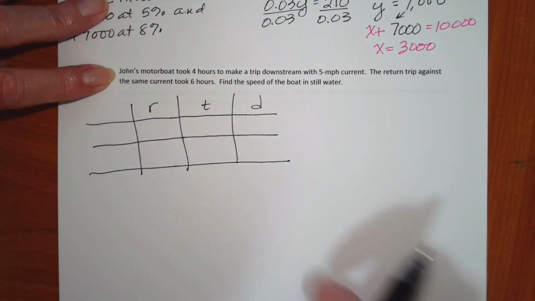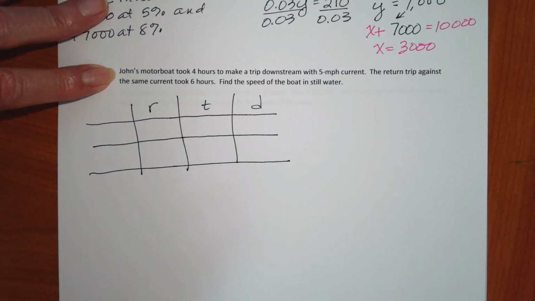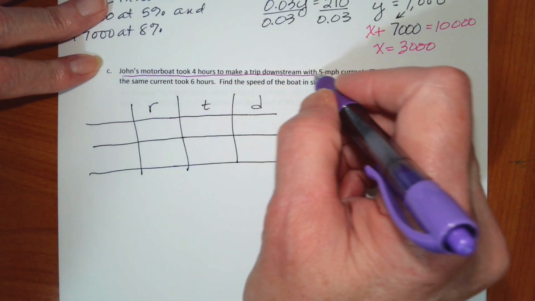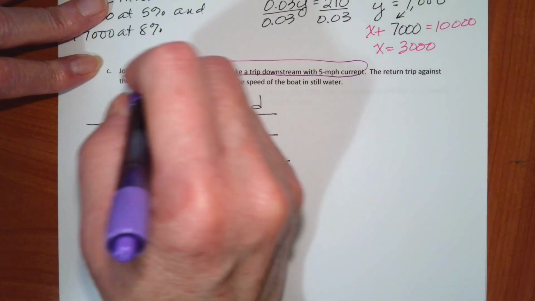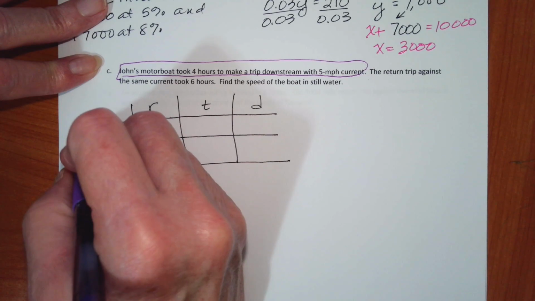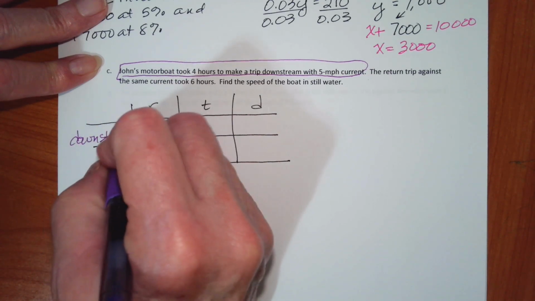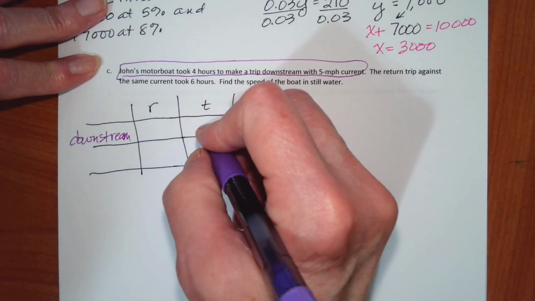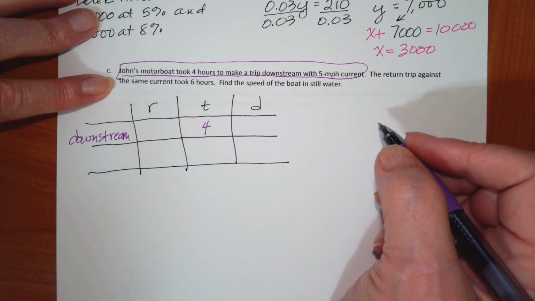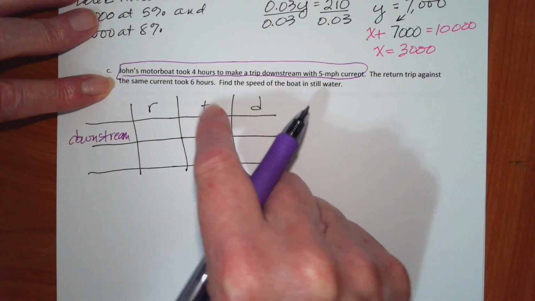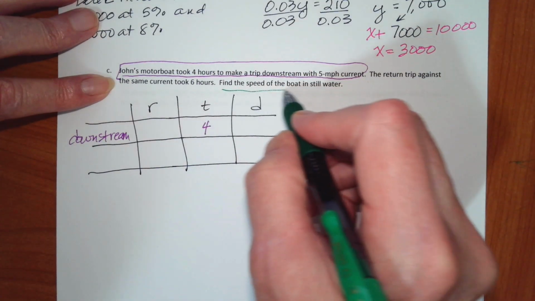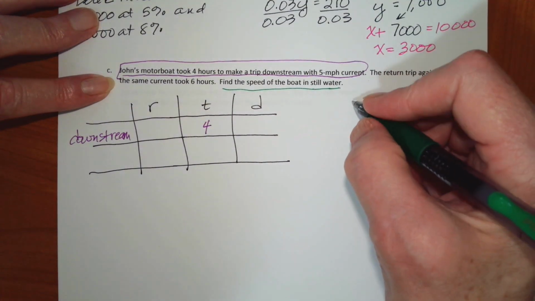And let's see. We're looking at downstream. So downstream, the time is 4 hours with a 5-mile-per-hour current. Well, what they want to do is find the speed of the boat in still water.